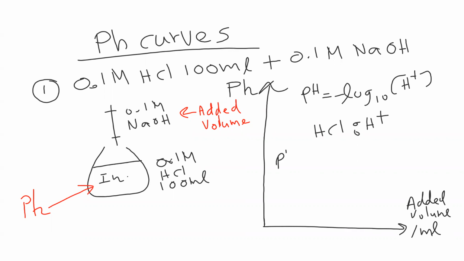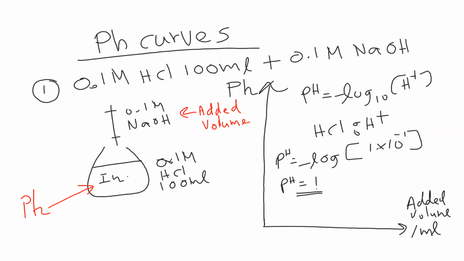We can take pH equals minus log of the H plus concentration. 0.1 means 1 × 10 to the power of minus 1. That means pH equals 1. So initially, before you add anything, the pH of the solution is 1.